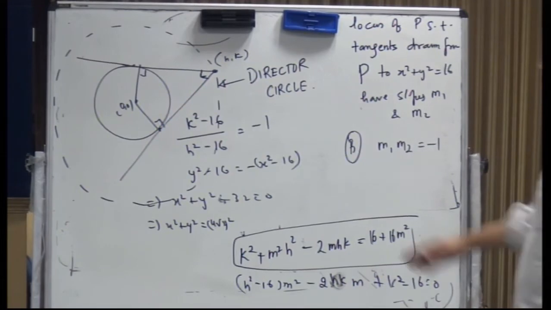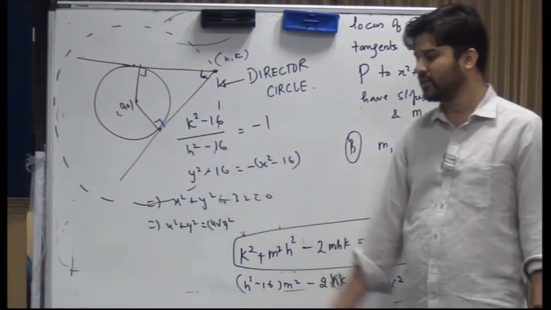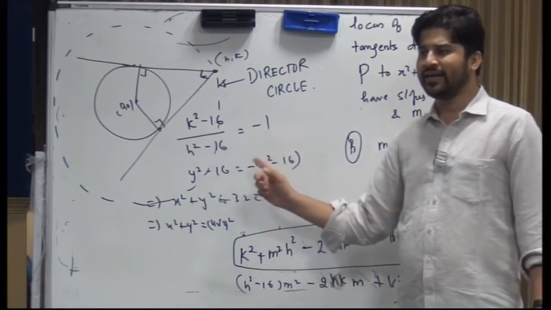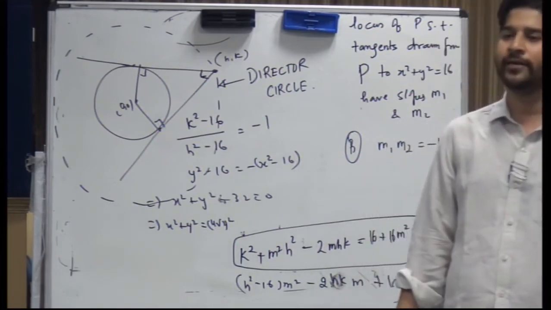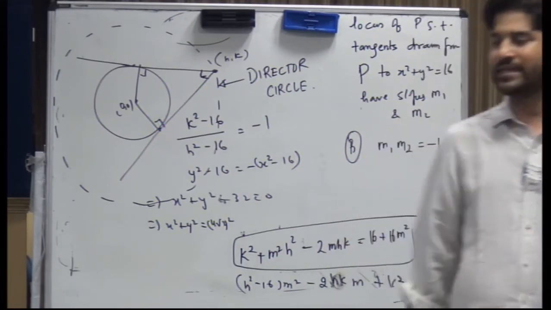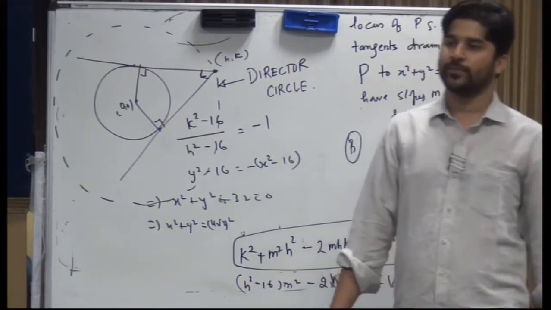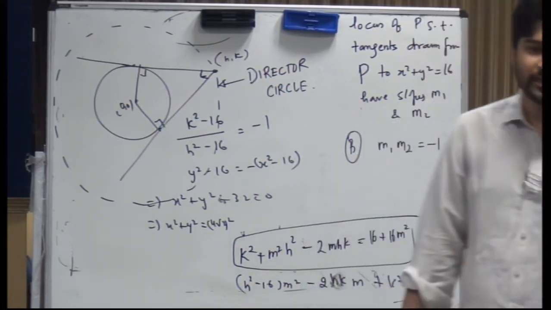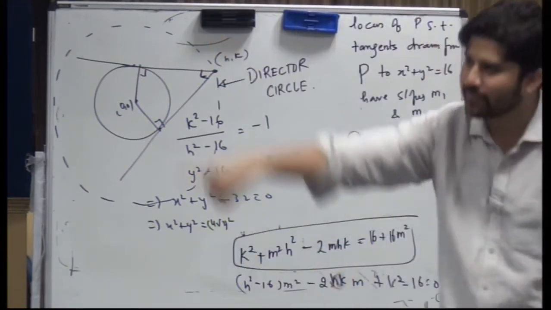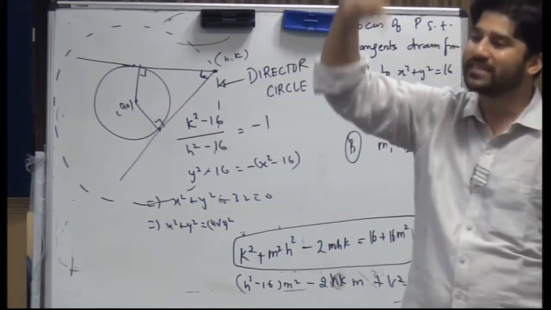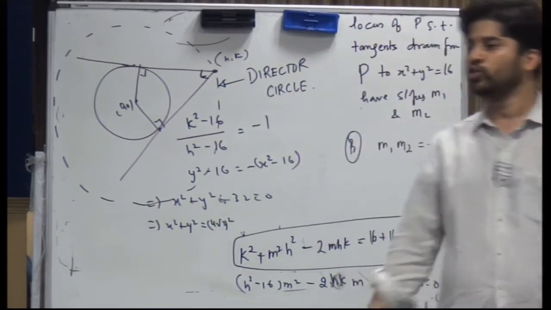So by writing k square minus 16 upon h square minus 16 equal to -1, rewriting it, rearranging it, you got h square plus k square is equal to 32. Then you are replacing h by x and k by y. So you got your x square plus y square is equal to 32, which is nothing but concentric to the original circle, because this circle also has center as 0, 0 and radius is 4 root 2.